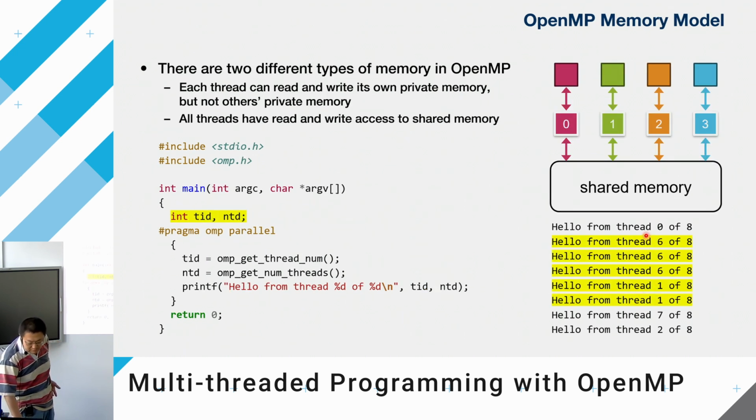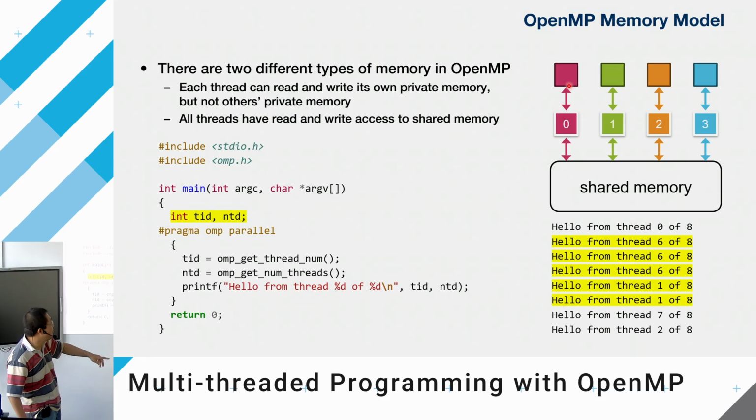So let's talk about the so-called OpenMP memories. From a high level, there are two types of memories in OpenMP. As you can see in this graph, we have 4 threads.